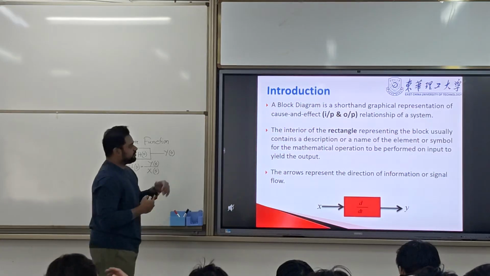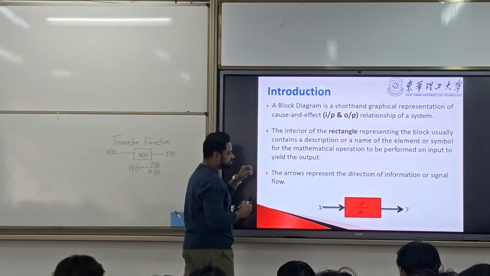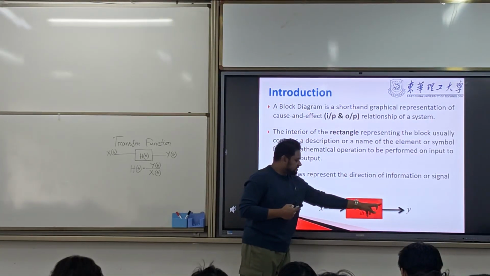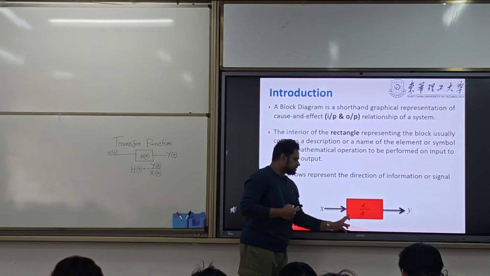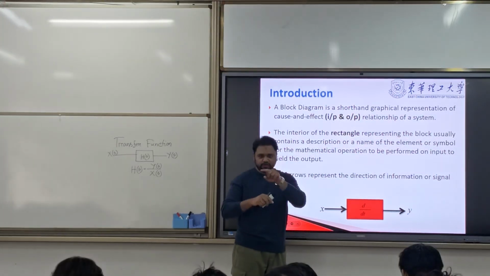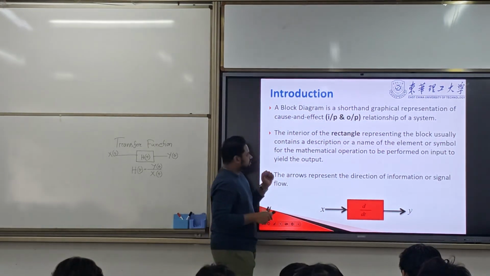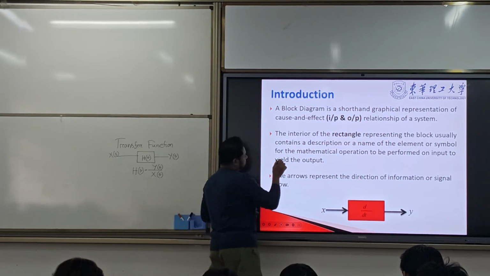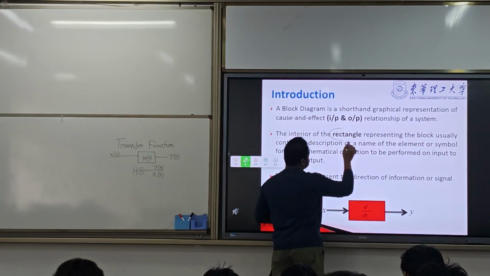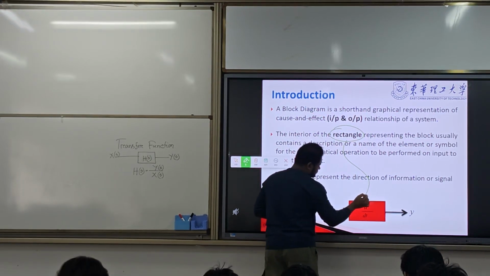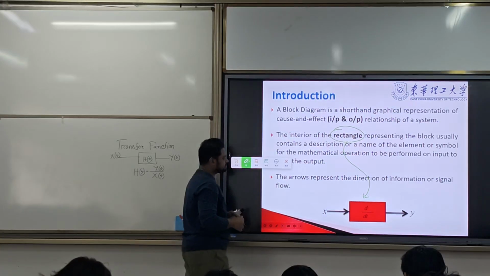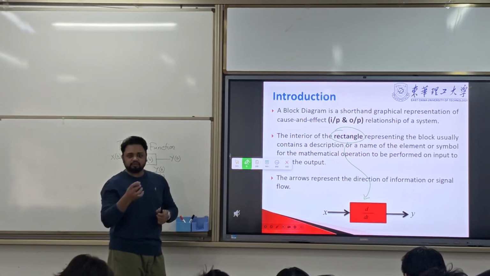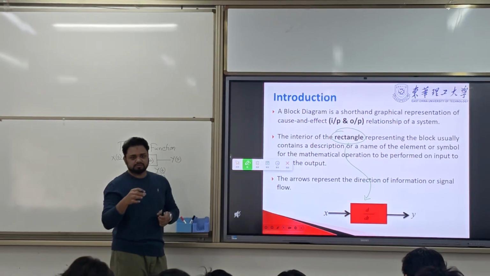So we are talking about the graphical representation. So we need to draw some blocks. This is a block. This block is a rectangle block, not square, rectangle. Now, inside the block, there will be some information.